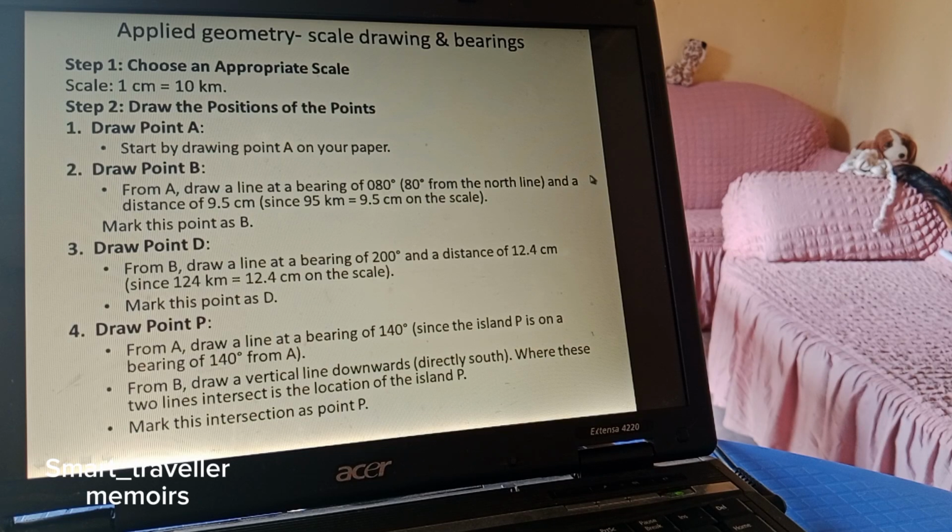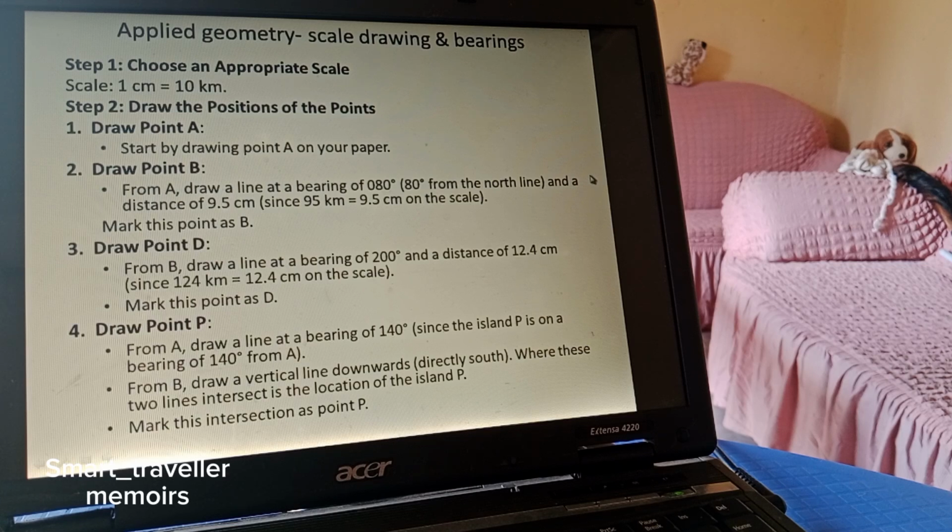2. Draw point B. From A, draw a line at a bearing of 80 degrees from the north line and a distance of 9.5 centimeters, since 95 kilometers equals 9.5 centimeters on the scale.